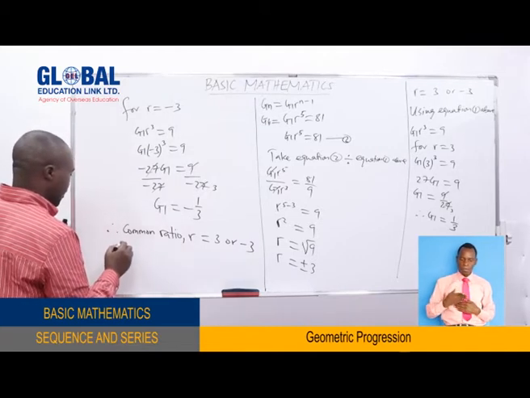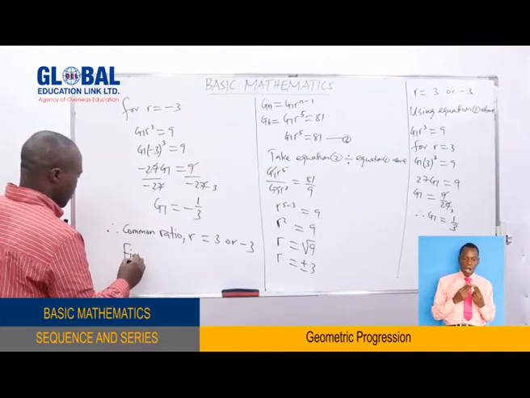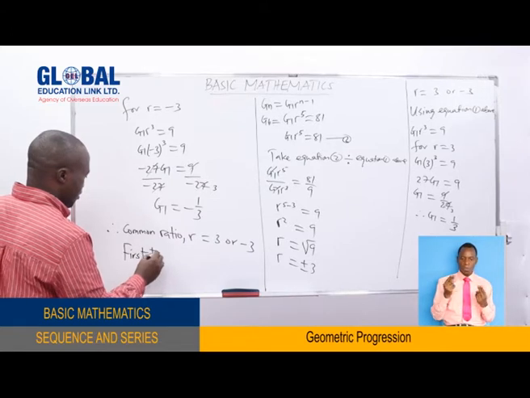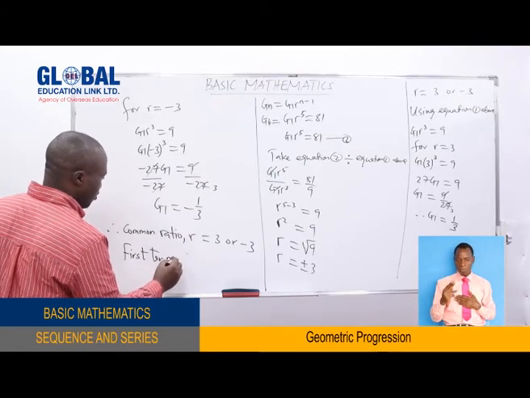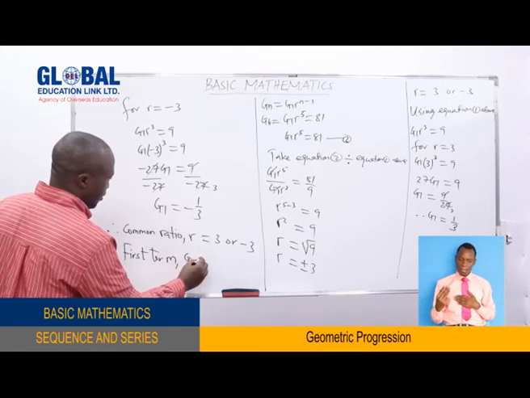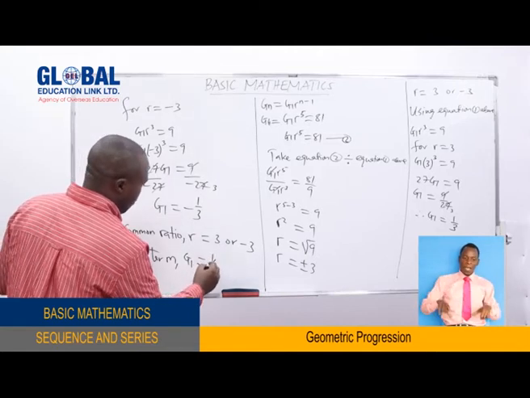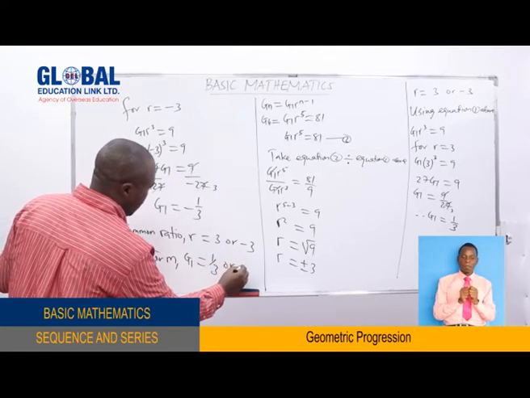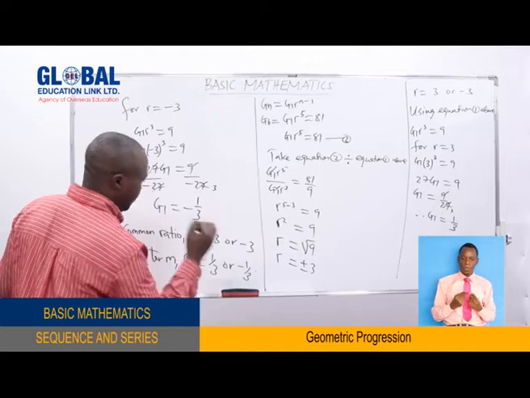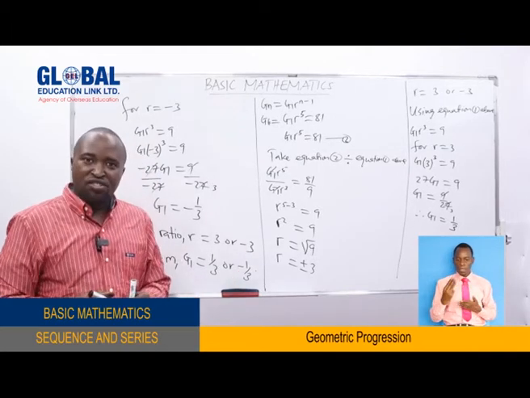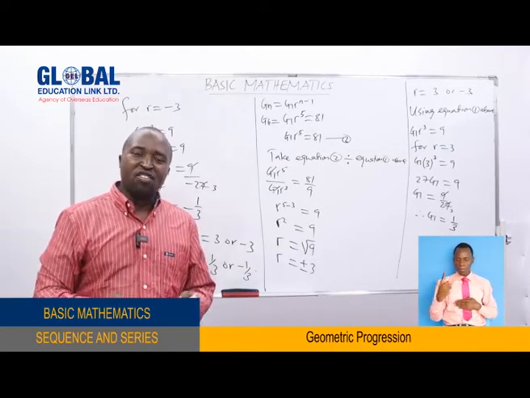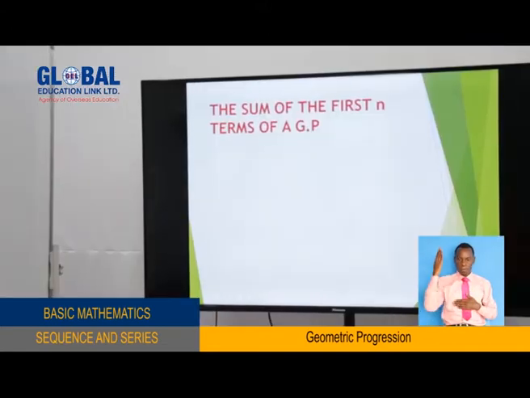And the first term, denoted as G1, is equal to 1 over 3 or negative 1 over 3. So my dear student, I hope we are together. Now let us proceed with the sum of the first n terms of the geometric progression.